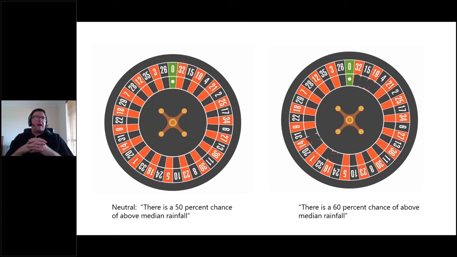The forecast, that probability, that chance, really tells you how many red or black quadrants are on the roulette wheel. If we've got a 50-50 chance, as we have on the right, there's an even number of black and red quadrants on the roulette wheel.